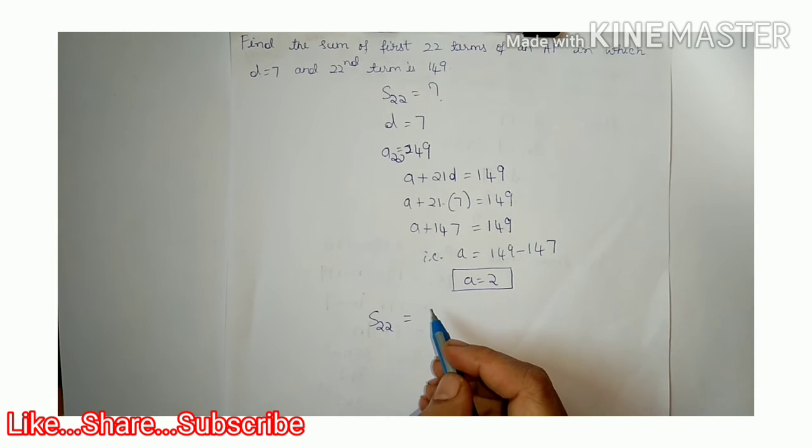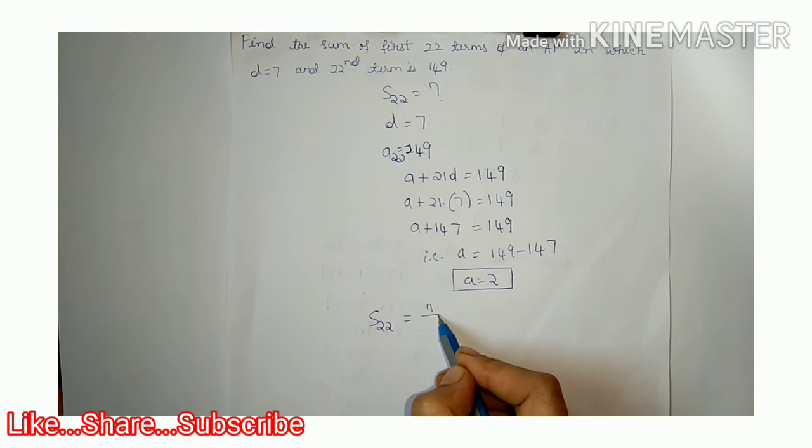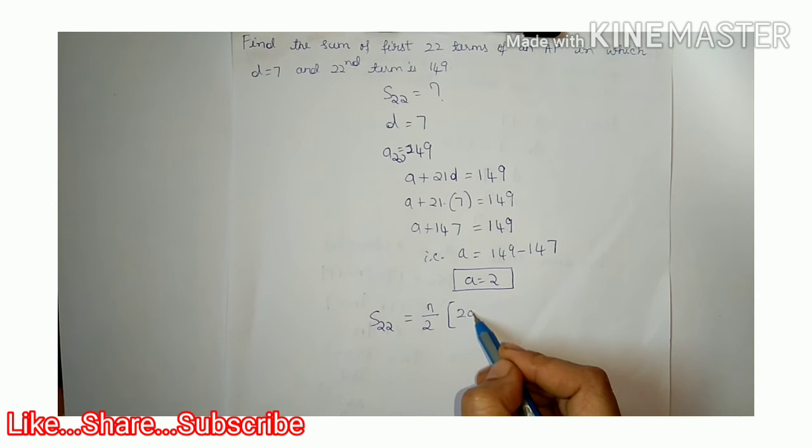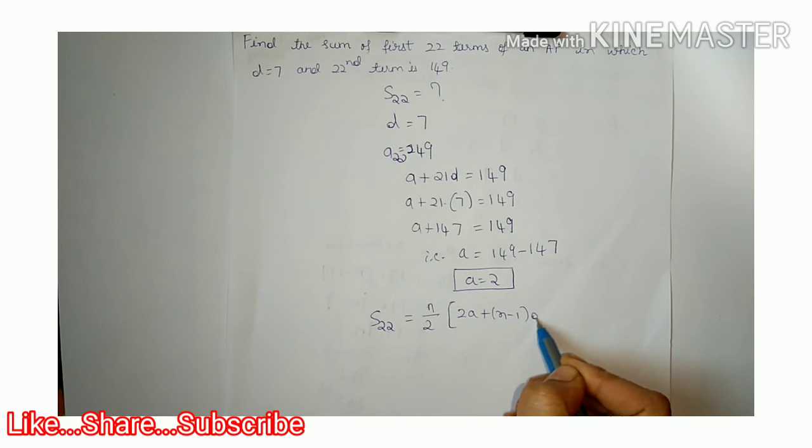Let us find S22. Sum of first 22 terms, using the formula n by 2 into 2a plus n minus 1 into d.